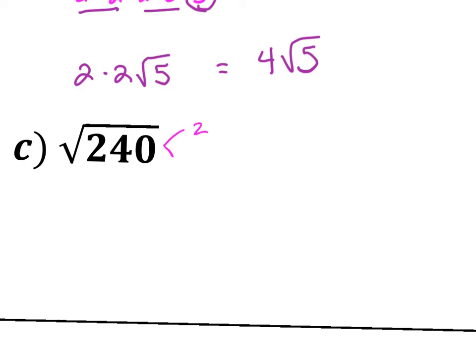Okay, 120 and 2. 10 and 24, fine, but then the 10 breaks down and the 24 breaks down, right? 2 and 120, now the 120 becomes 2 and 60, 2 and 30, 3 and 10, or 5 and 6 is fine, 2 and 15 is fine. Either way, you're going to keep going. And then 15 becomes 3 and 5, right?